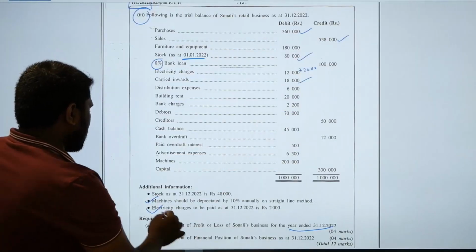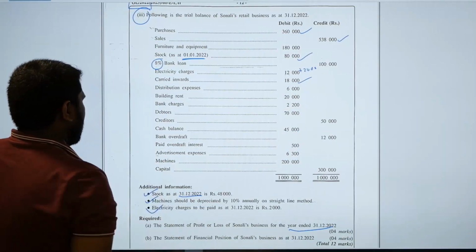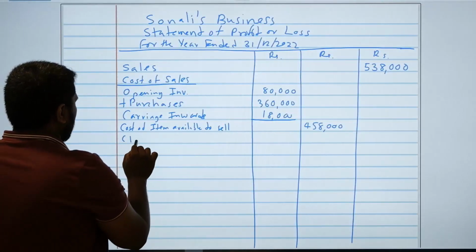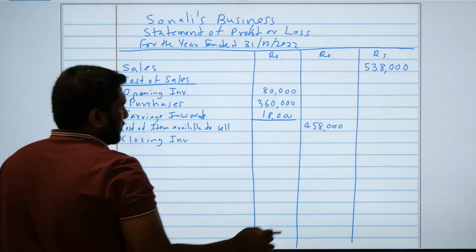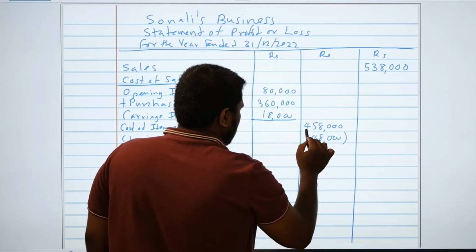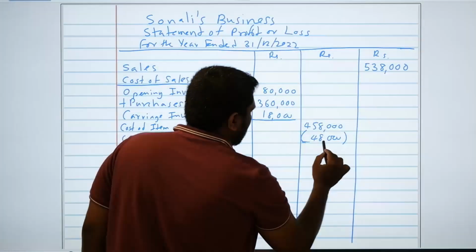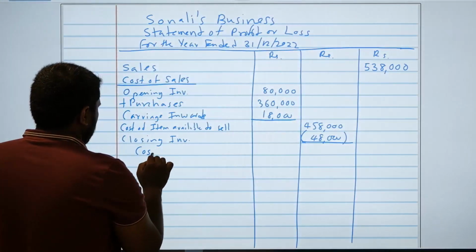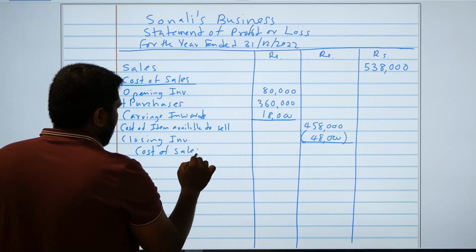How much is the closing stock here? 31st December 2022, 48,000. Closing inventory 48,000. So here let me take the cost of sold items, cost of sales.